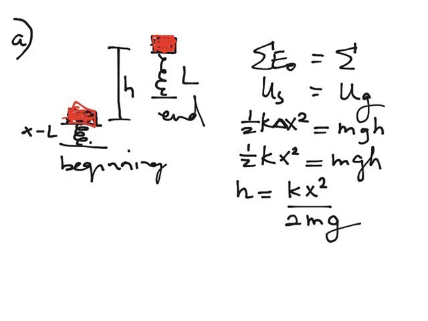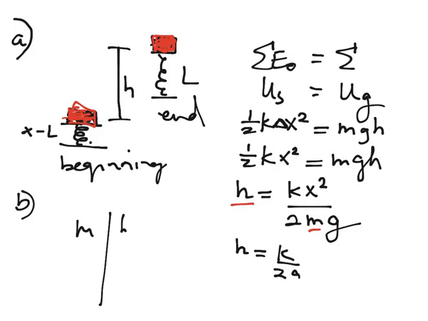Since we know that h is equal to kx squared over 2mg, and we have a data table of mass and height, these are our two variables, and we can rewrite this equation as h is equal to k over 2g x squared times 1 over m.